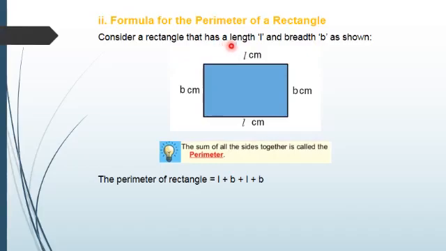So the perimeter of the rectangle will be equal to L plus B plus L plus B. In order to make it simpler, we will write the similar terms together as L plus L plus B plus B. That will be equal to 2 times L plus 2 times B. Now 2 is in both terms, so we will take it outside and that will be equal to 2 times length plus breadth. So the formula for the perimeter of a rectangle is 2 times L plus B.